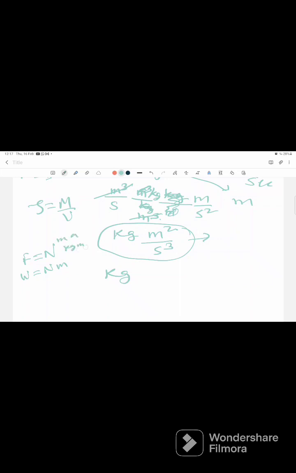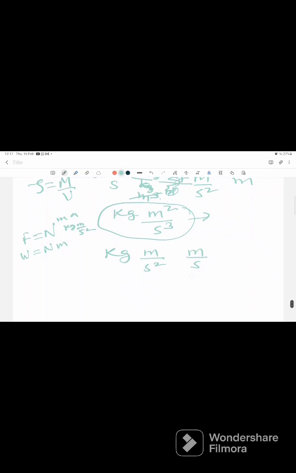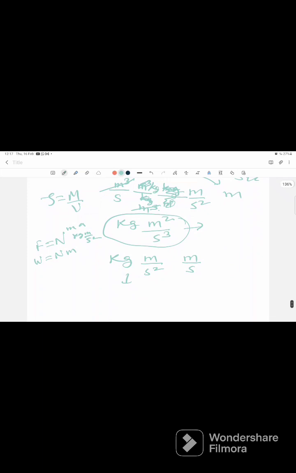So kilometer square, kilometer per second square, meter per. So this term is Newton meter per second. So this is joule per second.